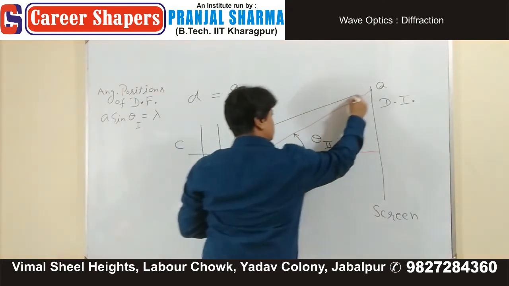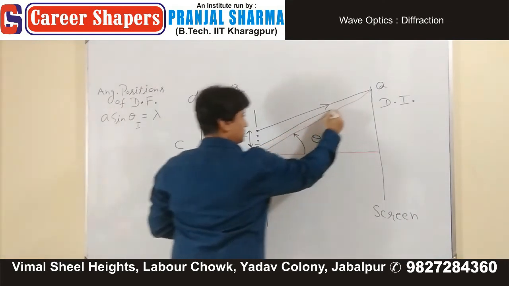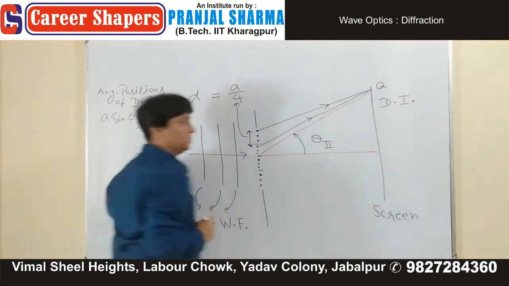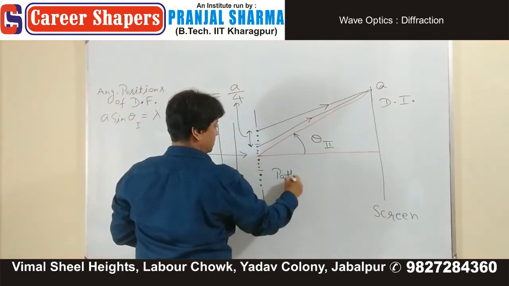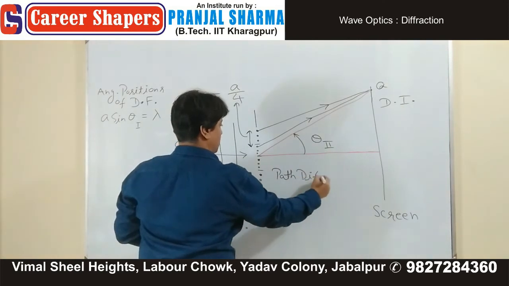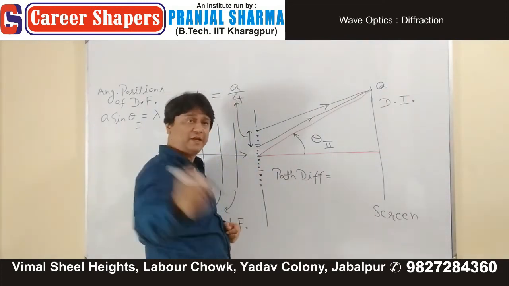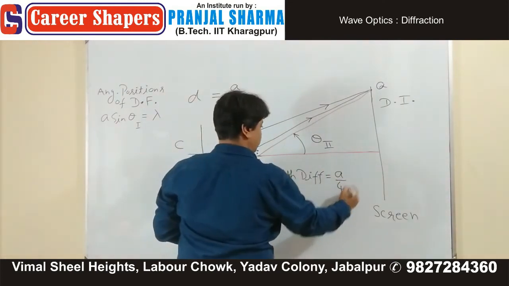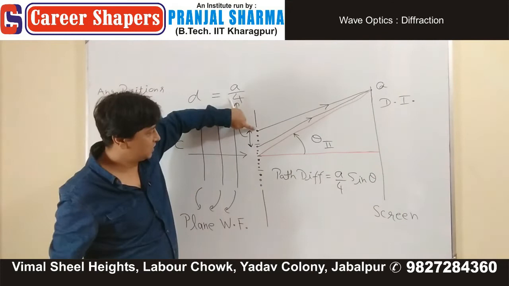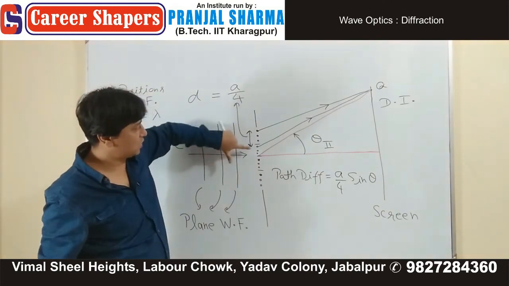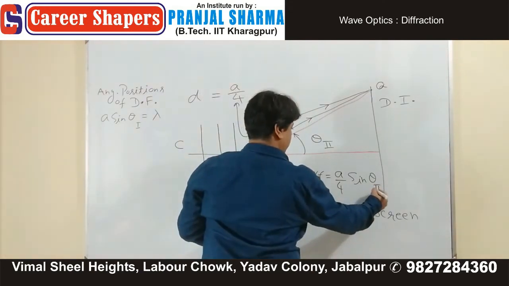Light waves arriving at Q from these two will therefore have a path difference of d sine theta, which is now A by 4 sine theta. Between this and this, the distance is A by 4, and therefore the path difference will be A by 4 sine theta 2.